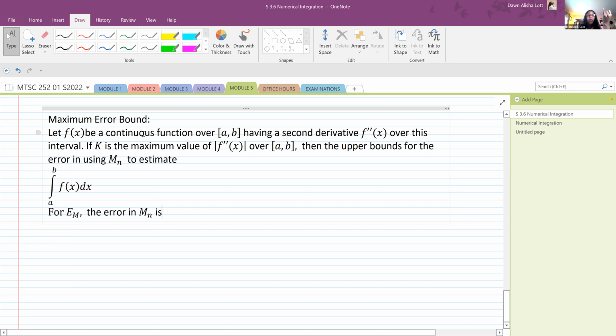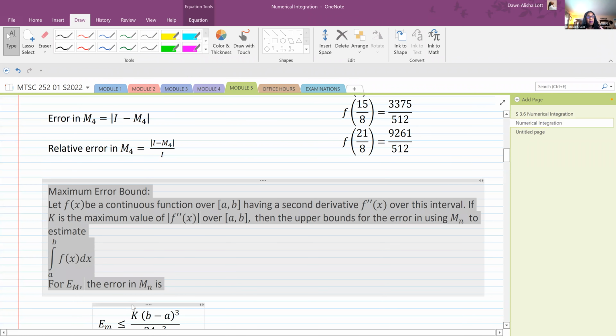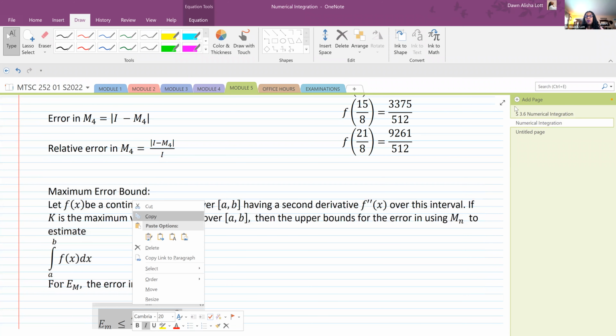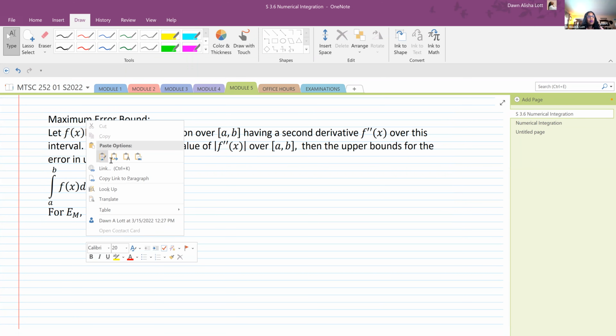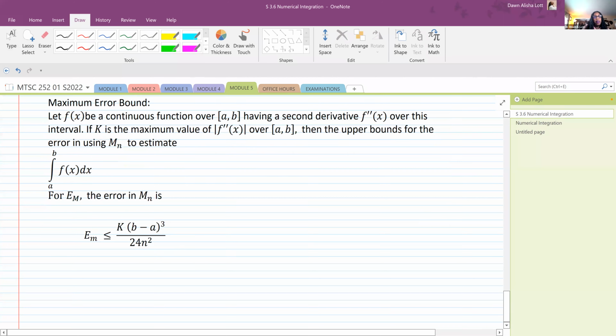So we have a function f, it's continuous, that's x cubed. It's on the closed interval 0, 3. It has a second derivative. So if k is the biggest the second derivative can be on the interval, then we can use that to approximate the maximum error. And I'm going to show you how to do this. So we can calculate the maximum error.